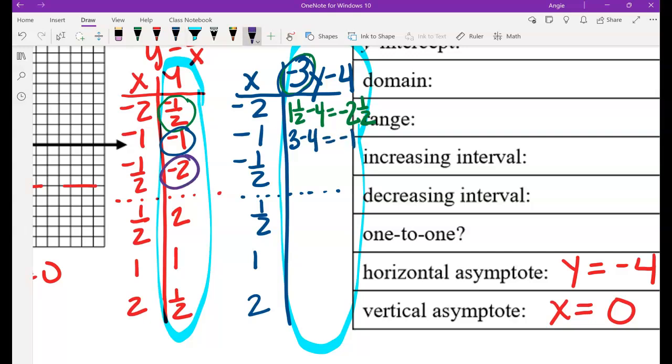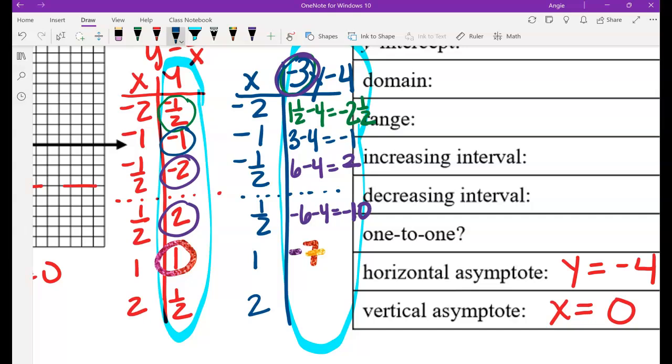Next is this value, negative 2 times negative 3. It's positive 6. Positive 6 minus 4, I'm sorry, it's a positive 2, okay? Then we're going to do the same thing with the next one. So 2 times negative 3 is negative 6 minus 4. This is going to be negative 10. Next is 1 times negative 3, which is negative 3, minus 4 is negative 7.